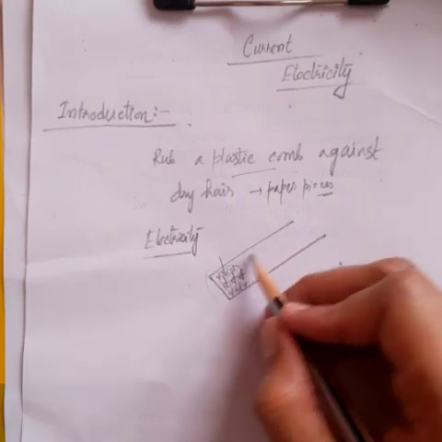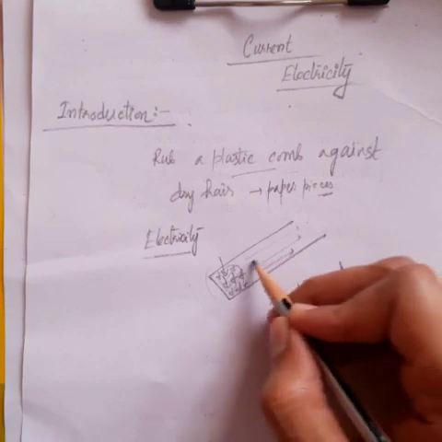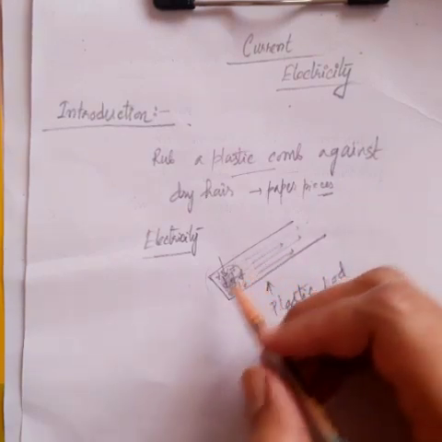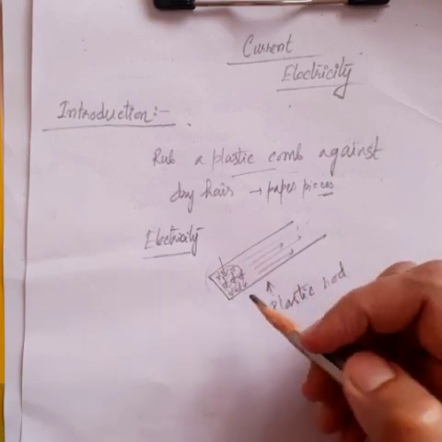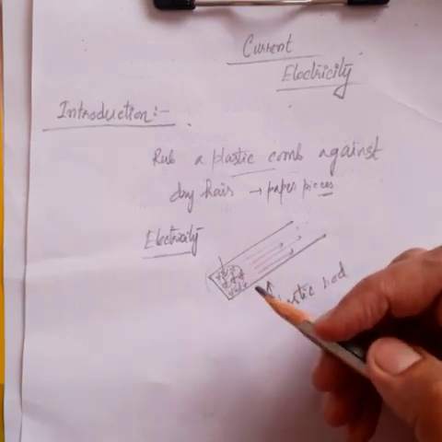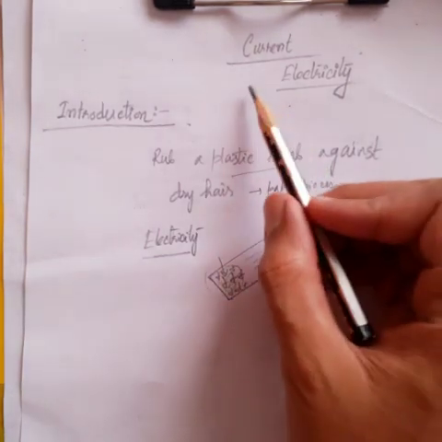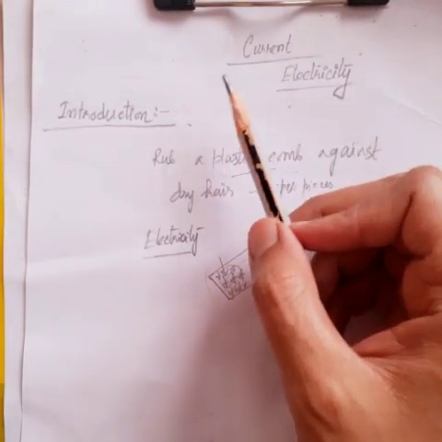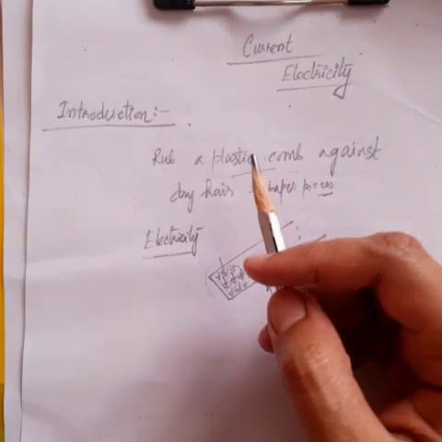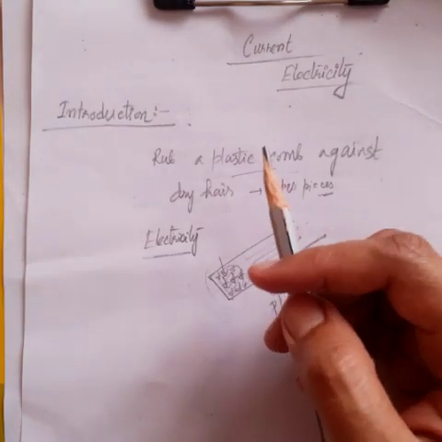They will not be able to move through this rod. Therefore these charges are called stationary charges, and this kind of electricity is called static electricity, since the electricity cannot flow. Whereas we are talking about current electricity. Current means flow. So the electricity that we are talking about is current electricity, in which the charges can flow from one place to another.